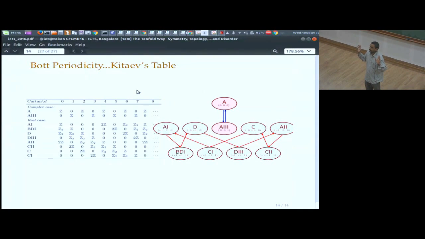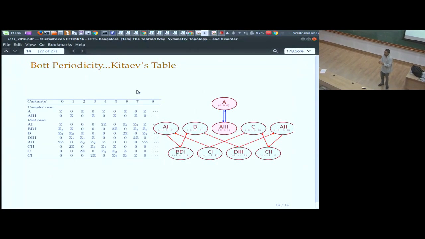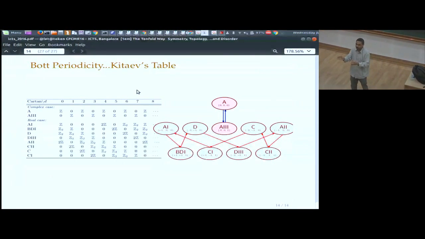So the criterion for having a topological phase in D dimensions can be reduced, or you can argue that if I take the same system in D minus 1 dimension and put disorder in it, can I localize electrons or not?